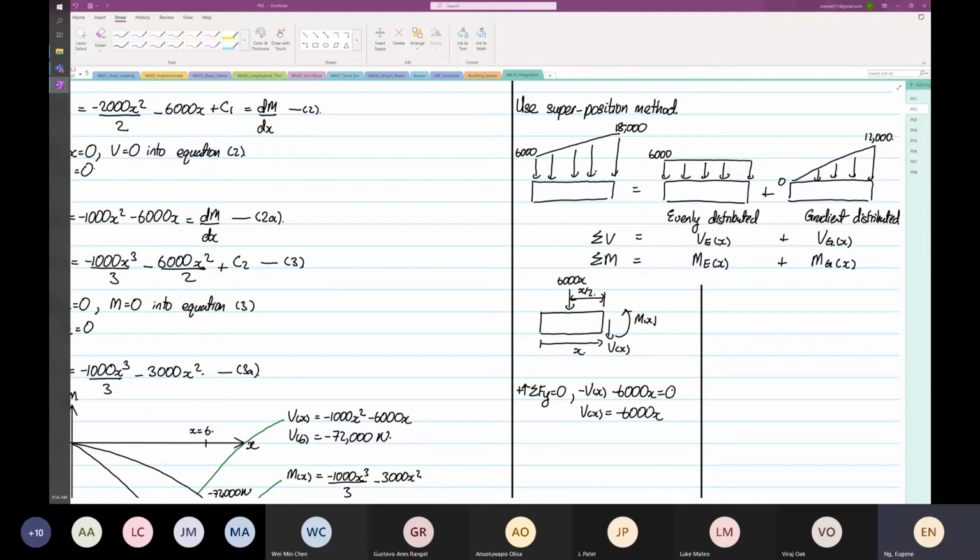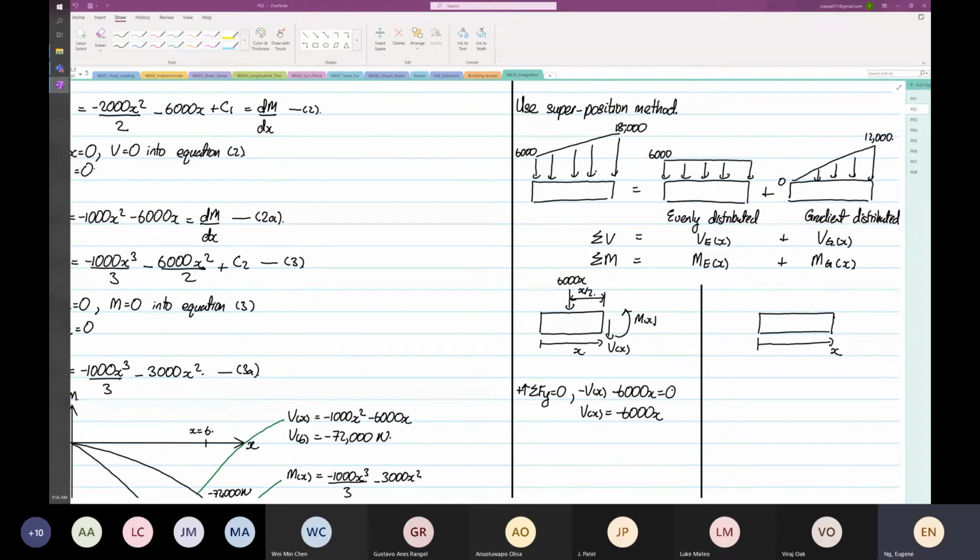Okay. Then from here, we go into your gradient distributed load. So what you have over here, from here to here is your x, yes or no?